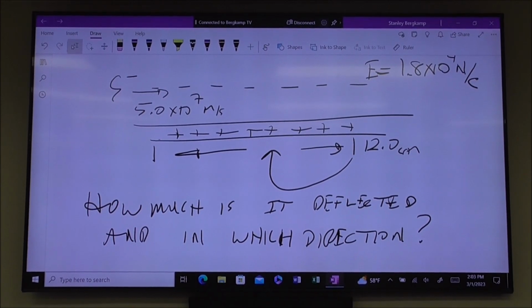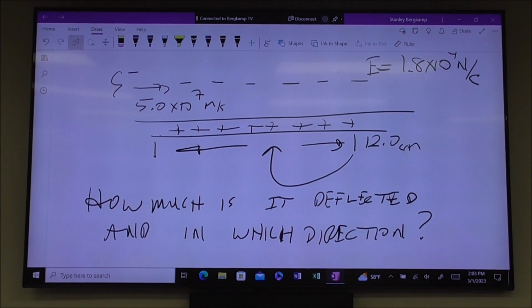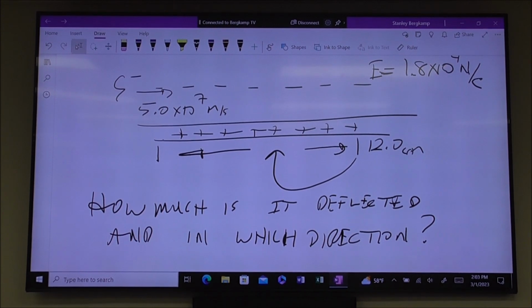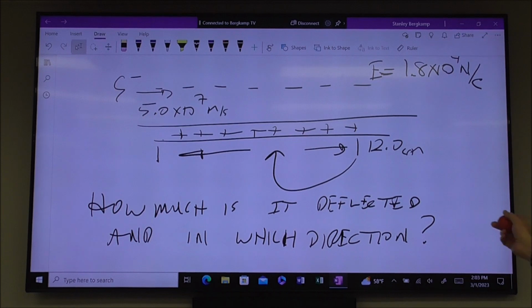Let me give you a hint. I take this ball and I throw it completely horizontal. My velocity is constant horizontally. Do you know how far it goes horizontally with a constant horizontal velocity? You can solve for time.